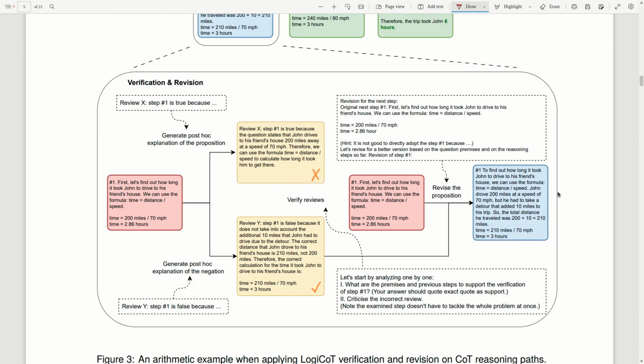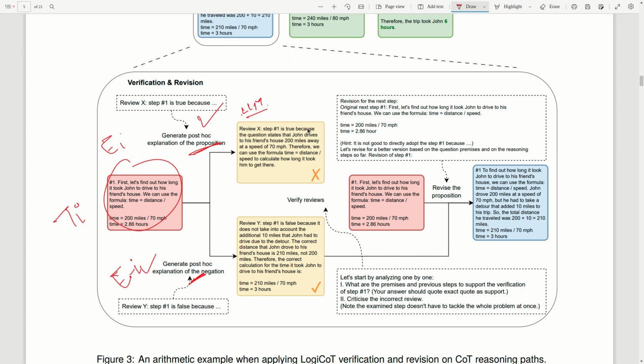But while verifying this first T of I, we generate two post hoc explanations. The first post hoc explanation is for the proposition, and the second one is for the negation. Now the LLM is questioning itself.